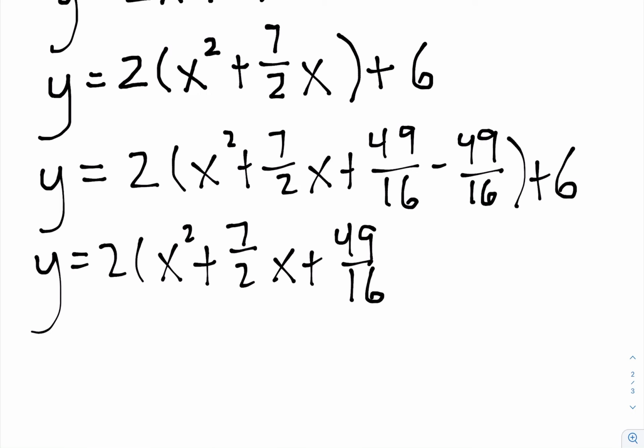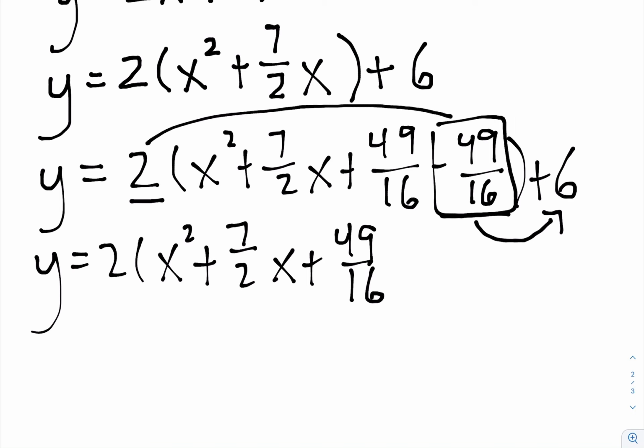Okay, and like I said before, we want to try and bring this last term inside the brackets outside. So we can't just say on the outside now 6 minus 49 over 16 because we have this coefficient 2 factored out. So anytime we want to bring this term out, we have to multiply it by what we factored out. Last question it was just 1, so we just brought it out, but this time it's 2.